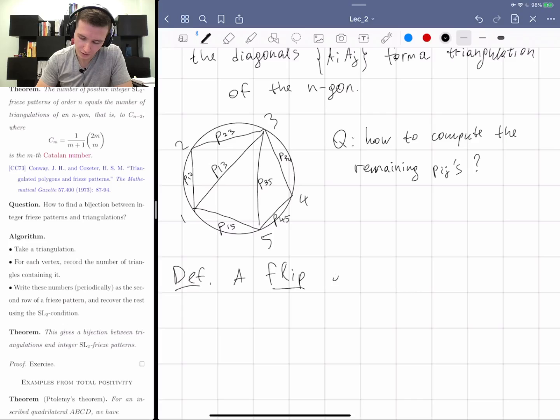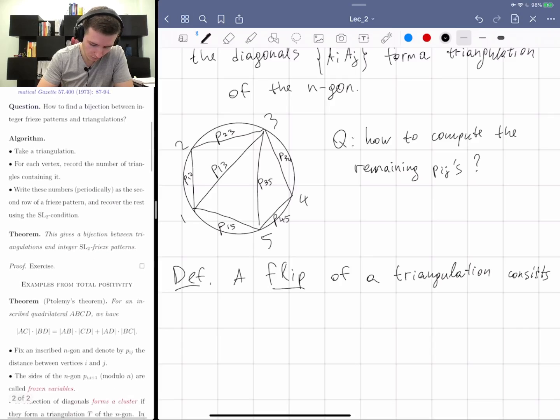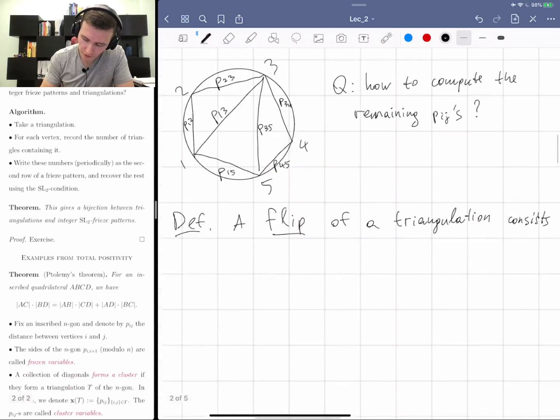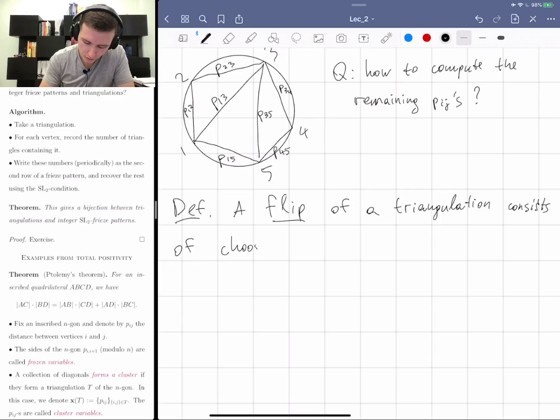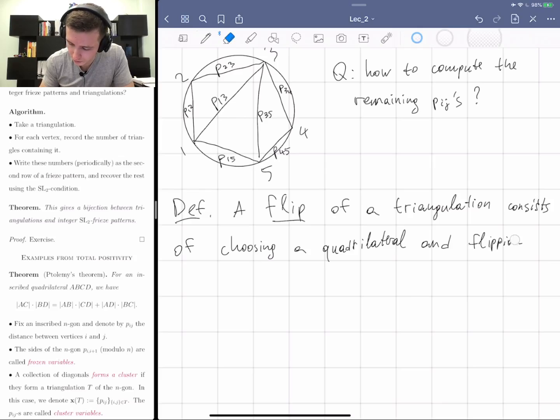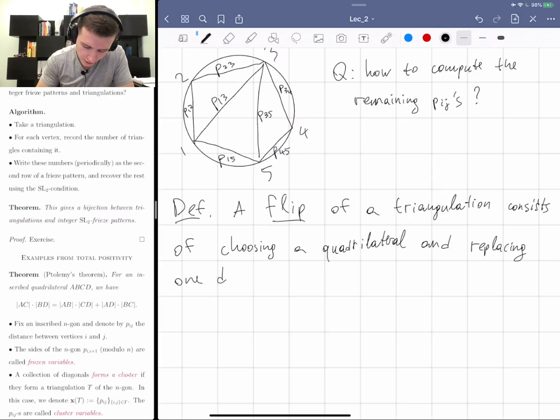A flip of a triangulation consists of choosing a quadrilateral and then replacing one diagonal with the other one.